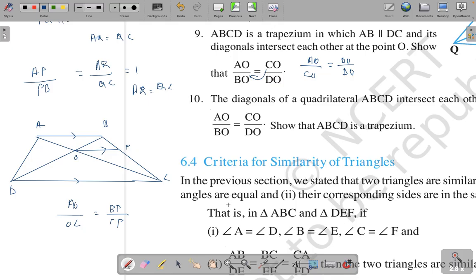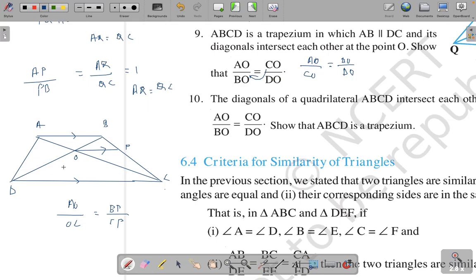Then what is the other triangle you should take? ADC. You need DO and BO, so we can take ABD.